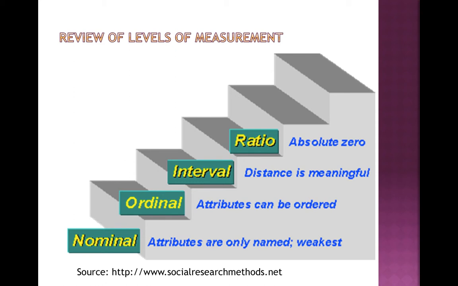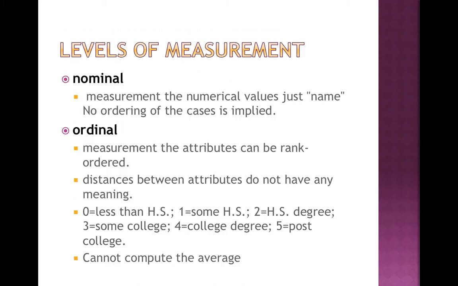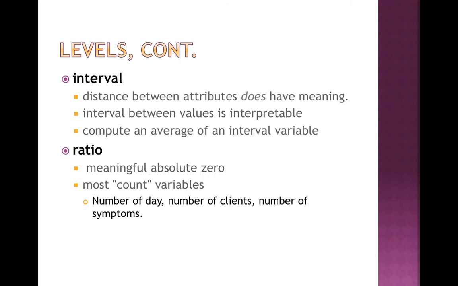So whenever you collect data, there are different levels of measurement. Here it talks about nominal. Just think nominal sounds like name, so it's something that has a name to it. And ordinal, again, is when you're thinking about a Likert scale. Interval: the distance between the attributes does have meaning.